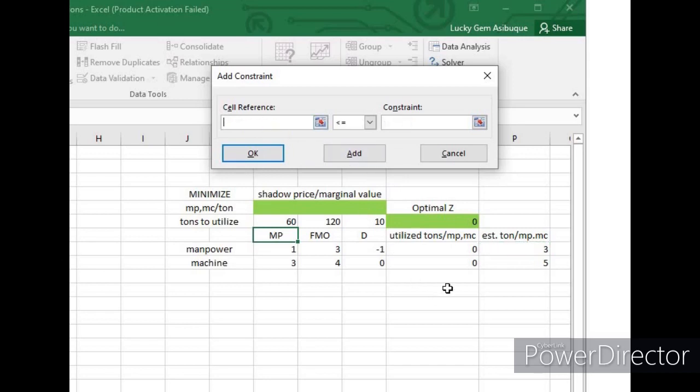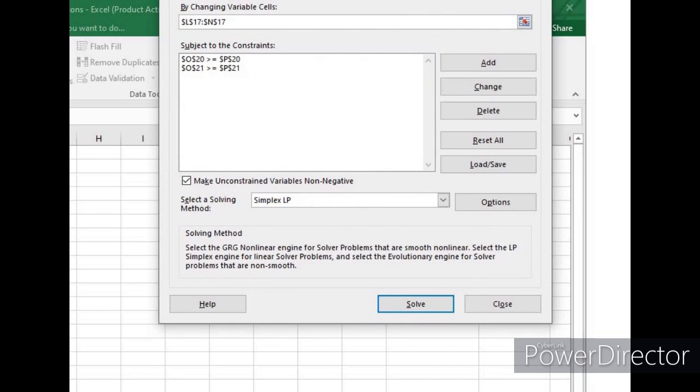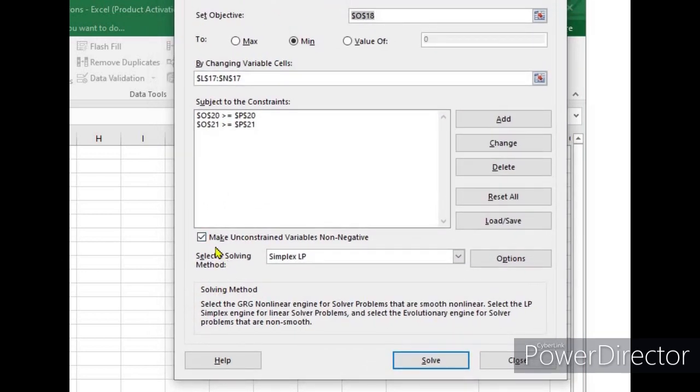For the second constraint, select this. The sign is the same, greater than or equal also. For this, select this. Then click OK. Now make sure to check this and select Simplex. Then click solve.